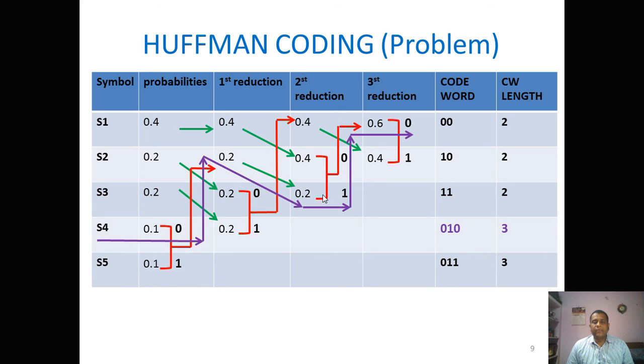The summed value is brought forward to the third reduction stage, and as it is higher than the existing probability values, it is written at the top. This forms the decreasing order, where the left out value 0.4 is brought down to the next stage, shown with the help of a green arrow mark.